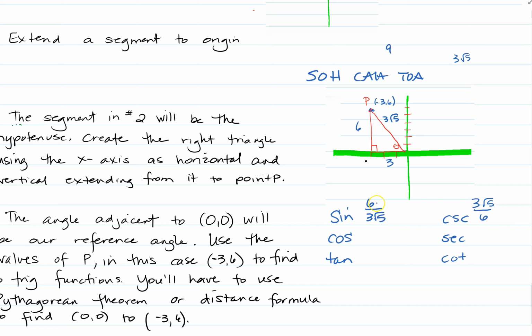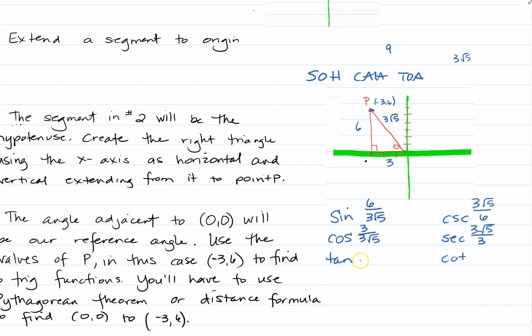So I don't like to get rid of that root 5 yet because I need it for the cosecant. And now the cosine is the adjacent over the hypotenuse, so I have 3 over 3 root 5, and I have the good intentions of simplifying this in just a moment, or rationalizing the denominator, I should say. But before I do, the secant is the inverse. I just flip it over.